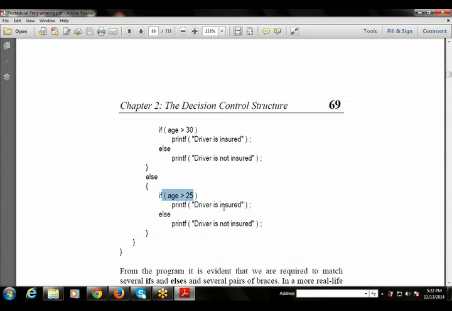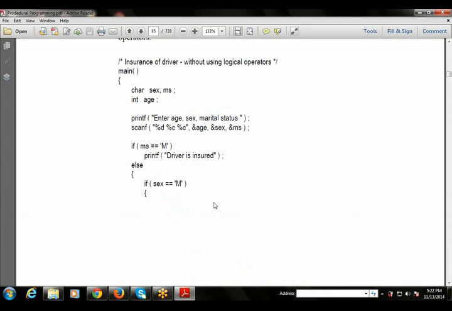So it uses various conditions. First, check if the MS is equal to M, that is, if the driver is married, then simply print that the driver is insured.